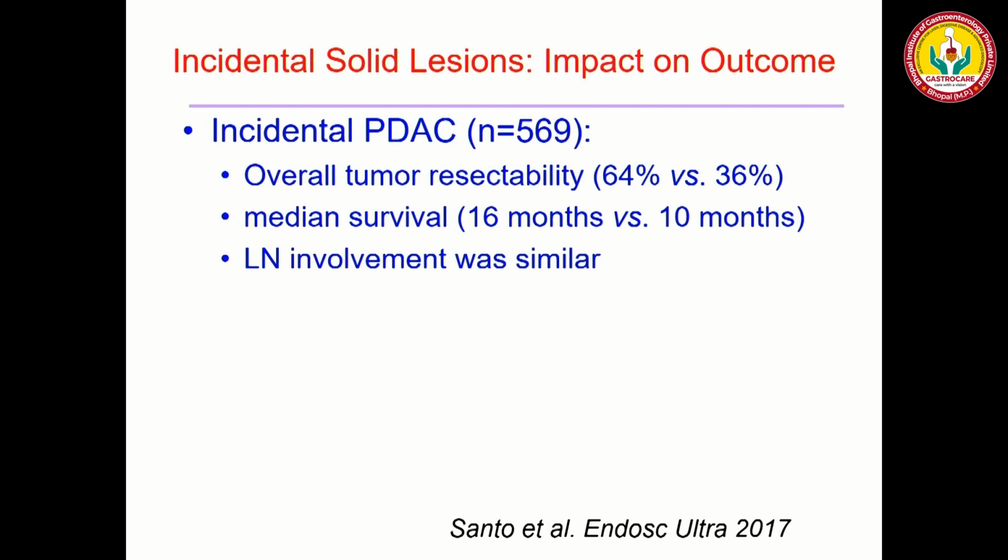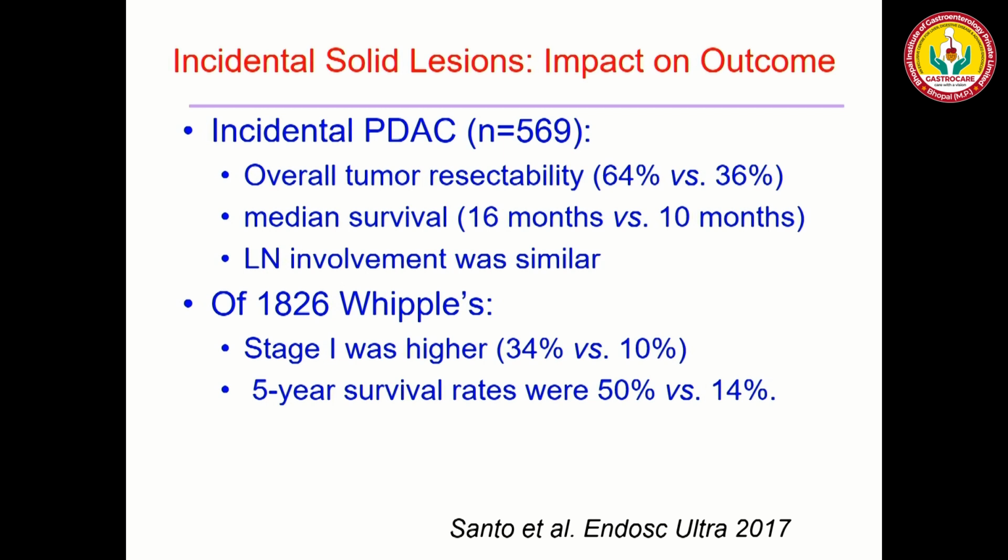The reason is that pancreatic ductal adenocarcinoma is a very, very aggressive tumor. The lymph node involvement was also similar, which is rather surprising. In another series of about 1,800 Whipples, 34% of patients picked up incidentally had stage 1 tumor, and the overall 5-year survival was about 50%, better than those who had symptomatic disease.